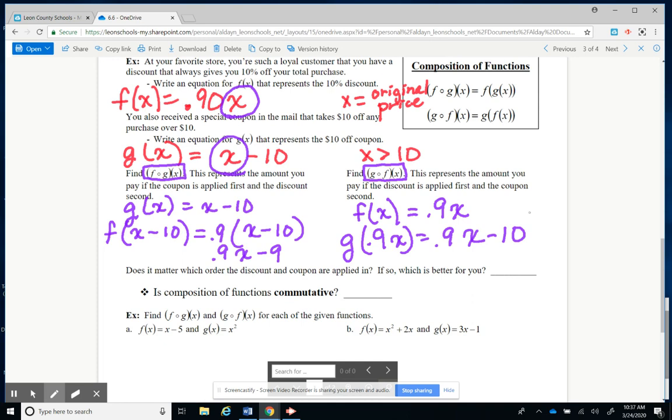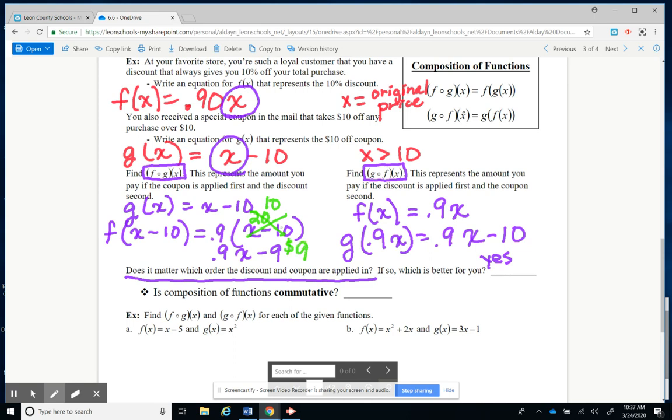That one's ready. So does it matter which order the discount and coupon are applied? Yes, it does. It matters very much. So stop writing and just watch. You don't have to write this part. If I went to the store and bought something for 20 bucks, 20 minus 10 is $10. And 90% of $10 is $9.